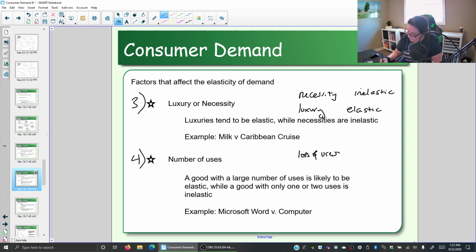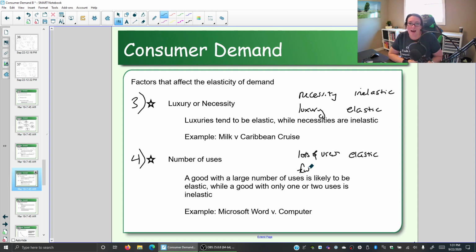So things with lots of uses have more elastic demand. We can find an alternative for each. Things that have very few uses, very specialized uses. Okay, so think about AutoCAD. AutoCAD is software for engineers for designing buildings and homes. It has a very specific use. And because it has a very specific and unique use, it's hard to find alternatives that give you that same specific use.